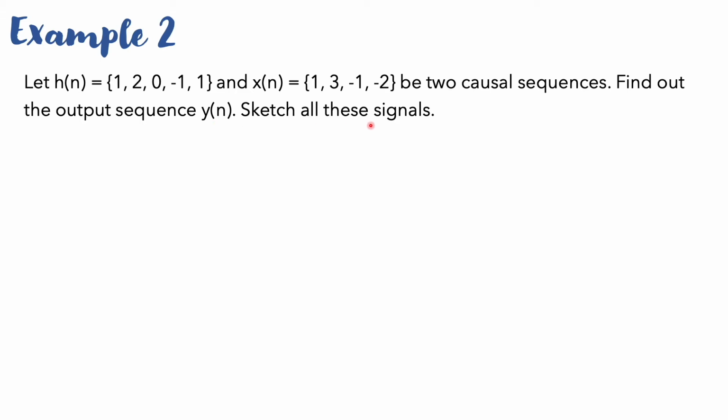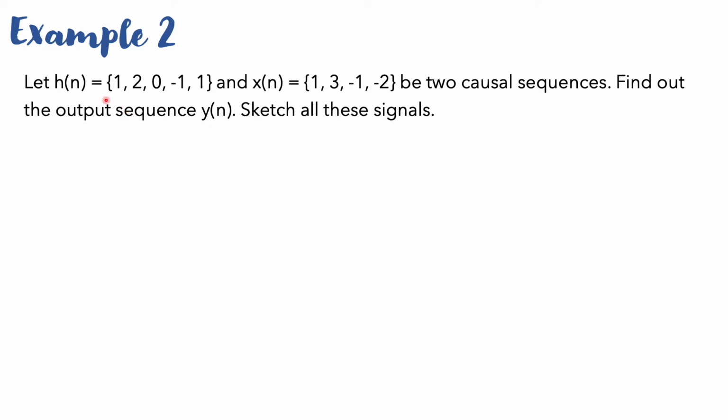Now first, you should notice that these are discrete time sequences. Second, you are required to calculate the output sequence y[n]. You know that the output of a system is the convolution of the input and the impulse response of that system, right?